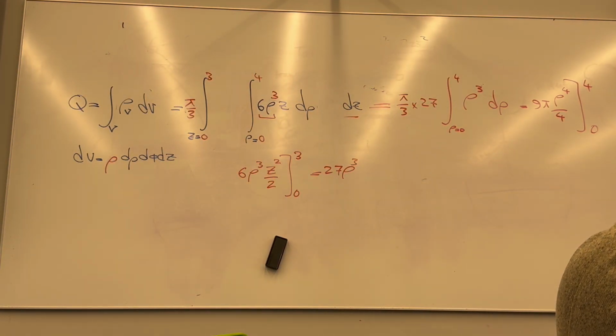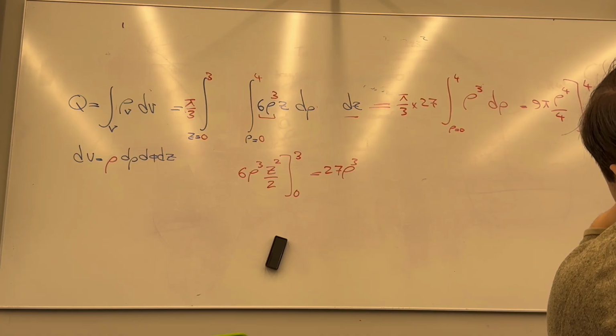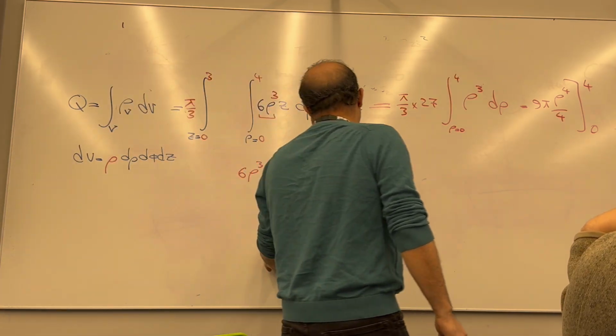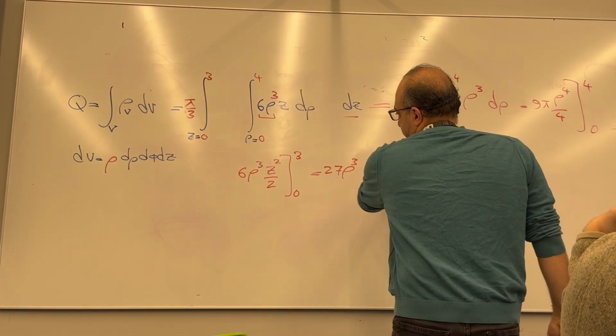A surface charge with density rho s equal to 5 rho z exists on the defined surface. Calculate the total charge. Another cylindrical system.